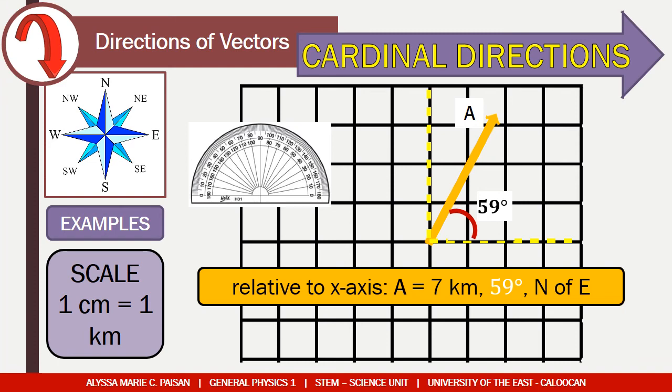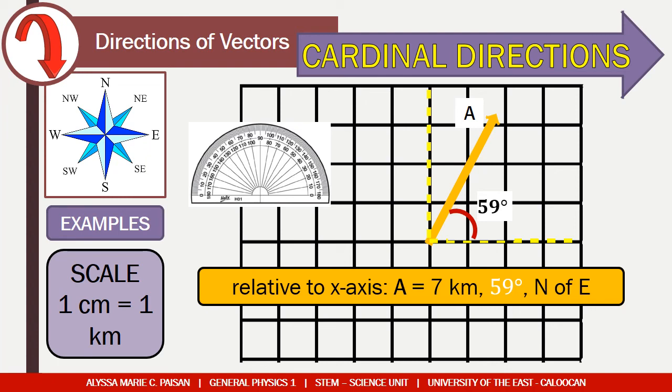As you will notice, during the examples for primary cardinal directions, we don't include angles. It's associated with a sign. So what you write is, you may write A, or the letter that represents the vector, the equal sign, the magnitude, and then comma, the direction, either north, east, south, west.